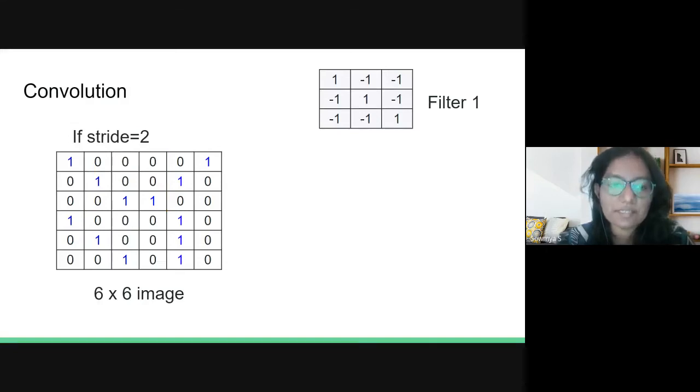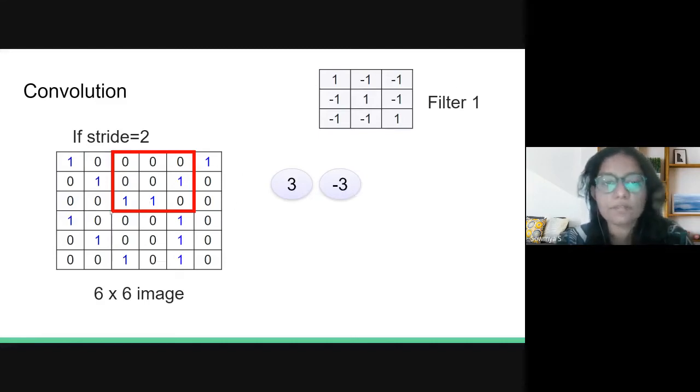Now a stride equal to 2. First you'll get 3, but then the window moves by 2. What does this mean? First, the computation changes: it is minus 3. You get minus 1 into minus 1, minus 1, 1 into minus 1, minus 1, and here 1 into minus 1, minus 1. So it's minus 3.